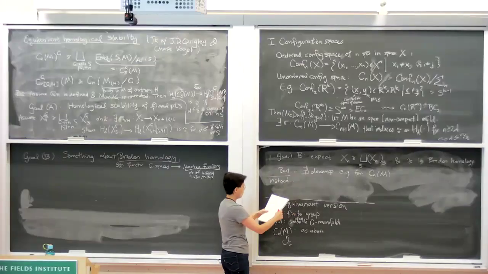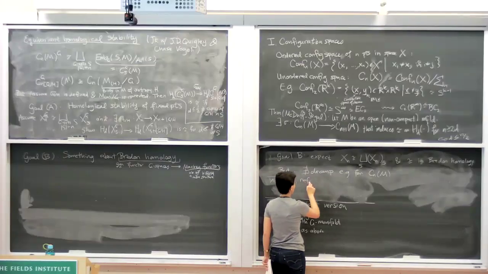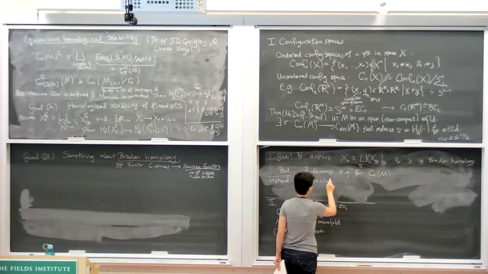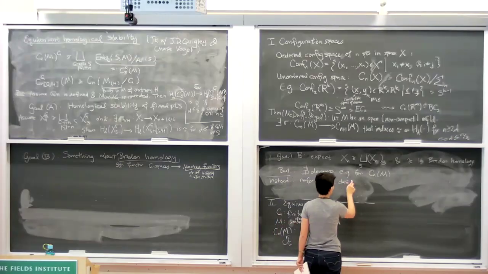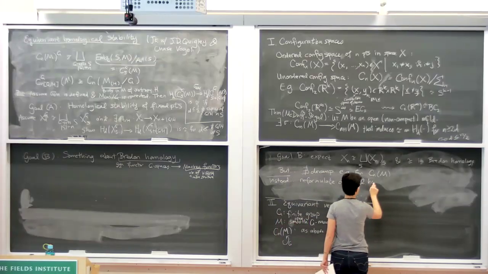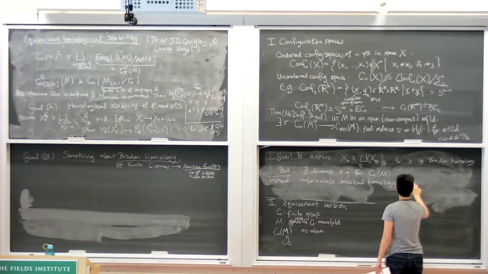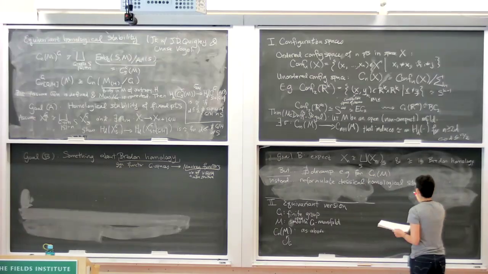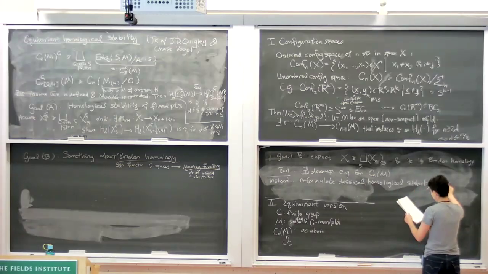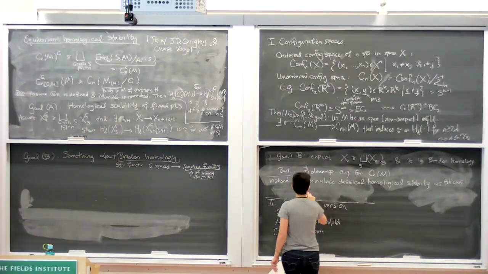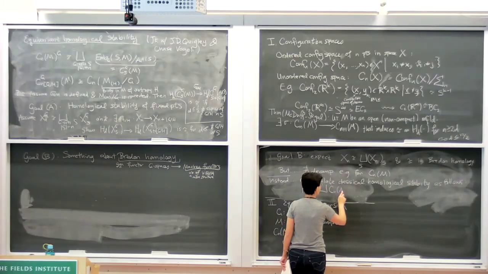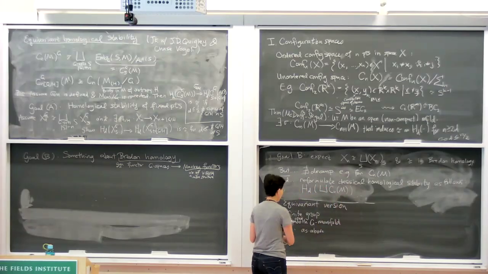Instead, we're going to reformulate the classical homological stability, or part of it, as follows. Let's look at the homology of all of the Cn of m's put together.